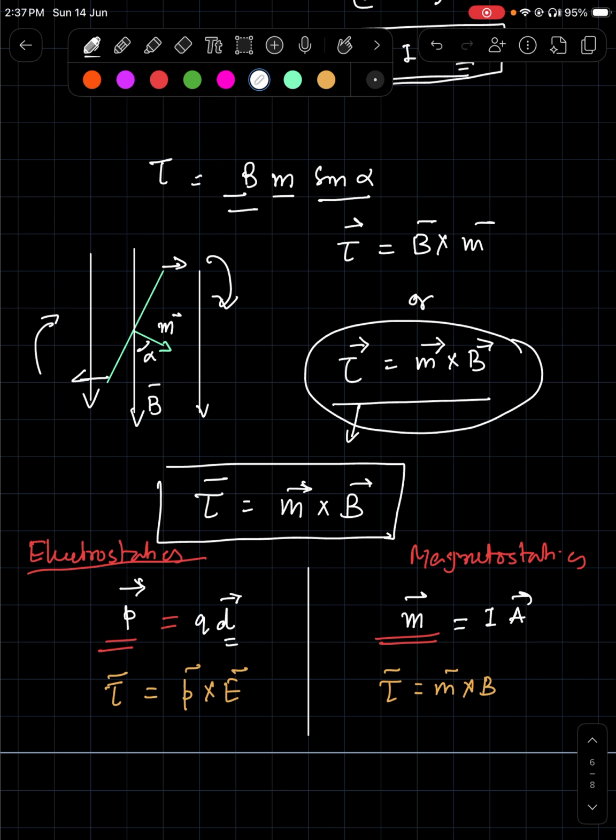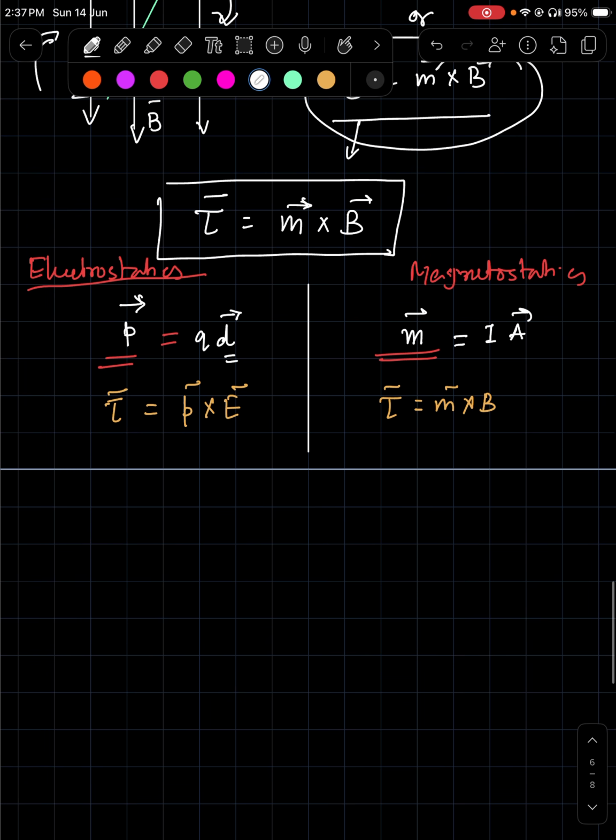We will see in a later video how we can find the torque on a circular loop. A disk, say, when a current is passing through the disk along the boundary, instead of a rectangular loop, we are going to consider a disc-shaped plate which is kept in a magnetic field like this.